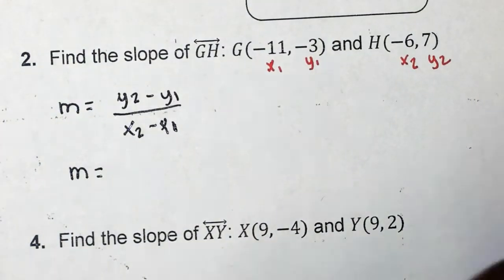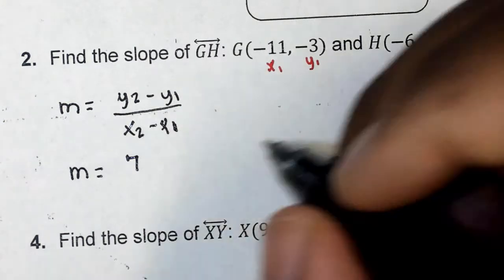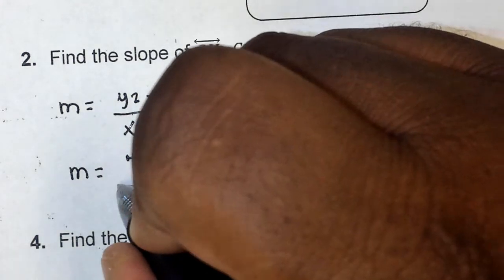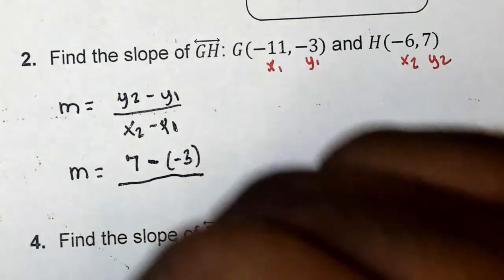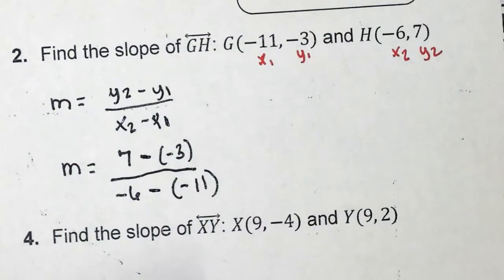So I'm putting my stuff in. My y2 was 7, minus sign is already there, and then my y1 is negative 3. Then x2, negative 6, minus sign is already there, and then negative 11. This is where you got to be decent with your integers, but you should be.